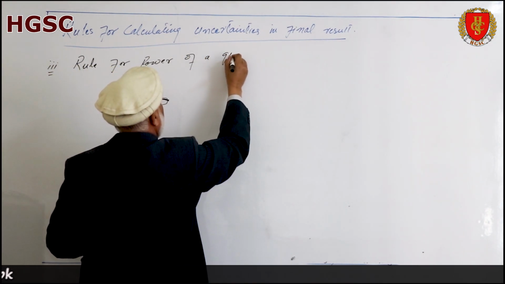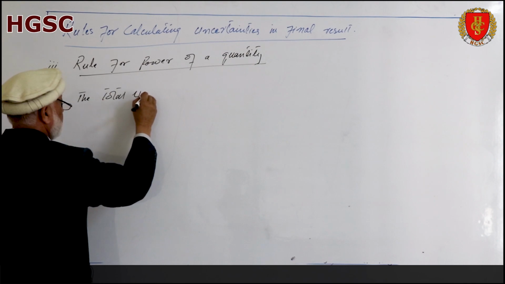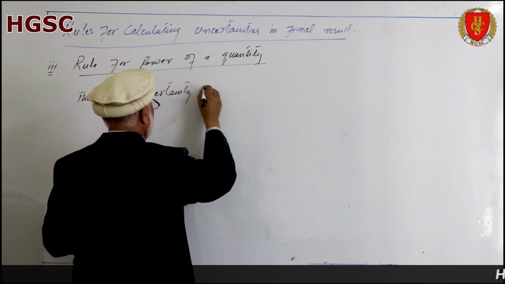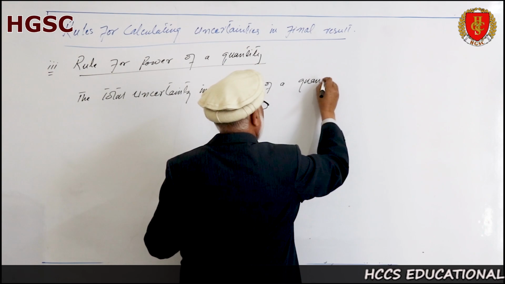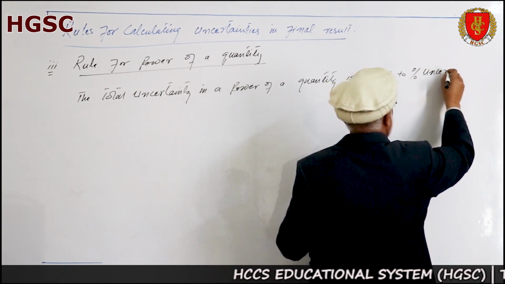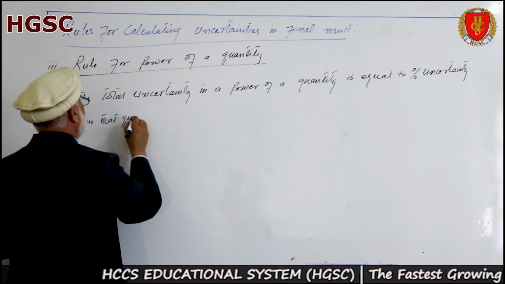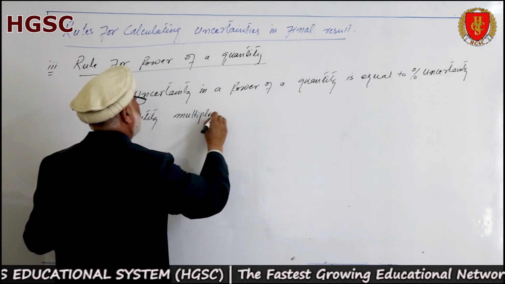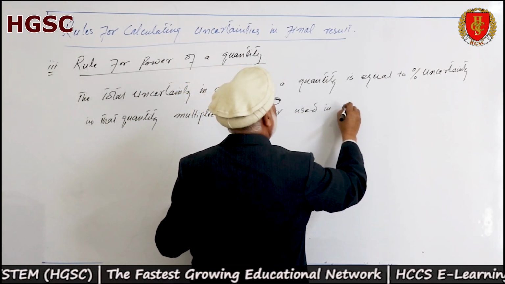The total uncertainty in a power of a quantity is equal to the percentage uncertainty in that quantity multiplied by the power used in the formula.